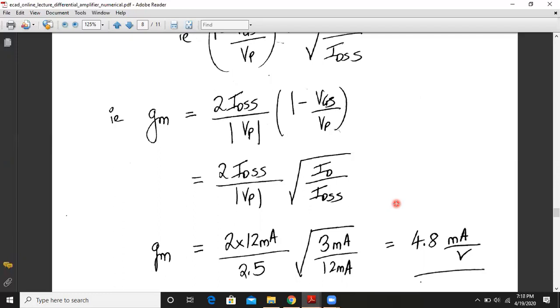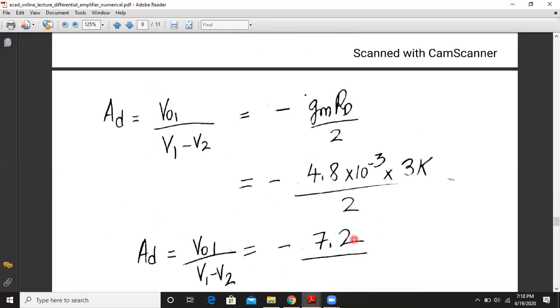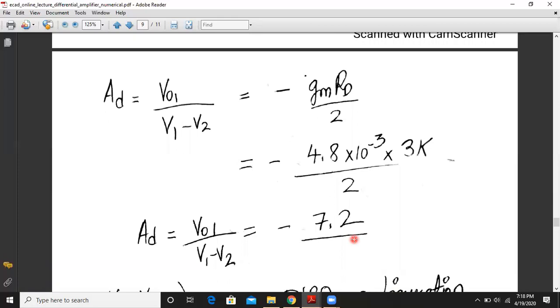Now all the values are given. IDSS is known, VP is known, and ID is also known to you, so we can easily work it out. The value comes out to be 4.8 milliampere per volt. That's the value of GM. Once you have the value of GM, it's relatively easy to find the differential gain. It will be minus GM RD upon 2, and that value will come out to be minus 7.2.